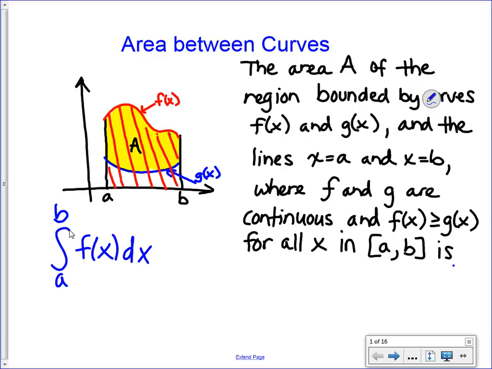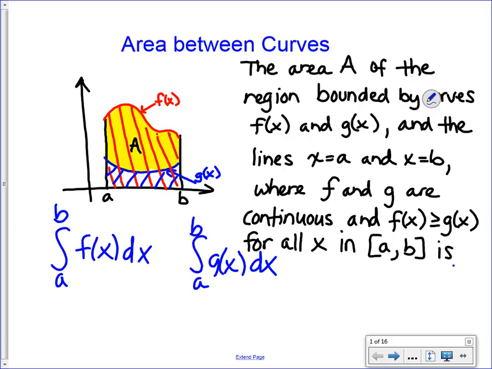And if we integrate g of x from A to B, that would give us all the area between g of x and the x-axis, okay?